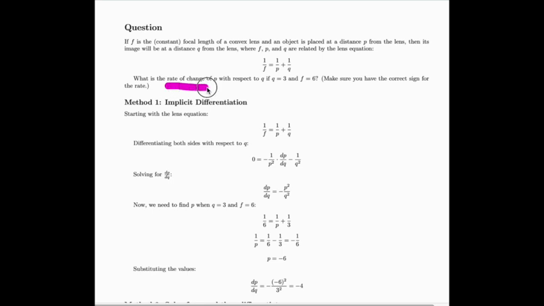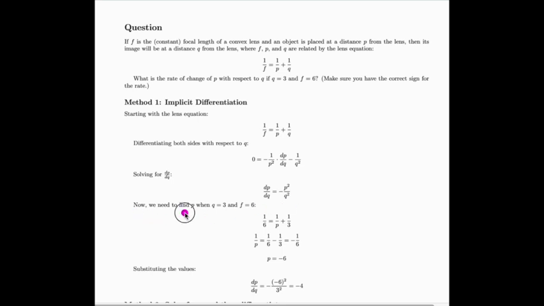We're looking for the rate of change of p with respect to q. So when I solve this for dp/dq, I'm just going to add 1 over q squared to both sides, and then multiply both sides by negative p squared. So that's going to give me that dp/dq is negative p squared over q squared.